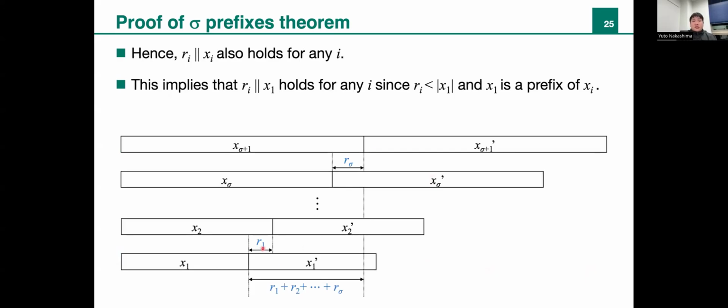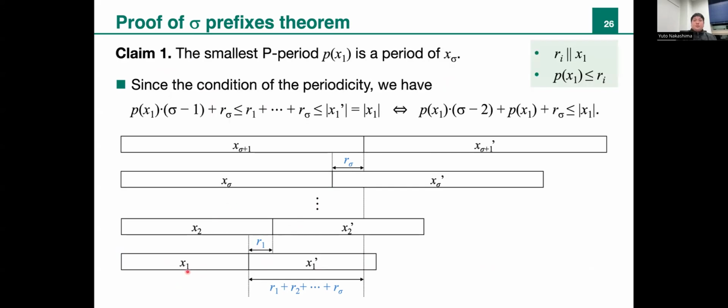So let's see these figures. Each R is shorter than the root of the shortest parameterized square. So we have this one. Okay. For any i, Ri is a parameterized period of x1.